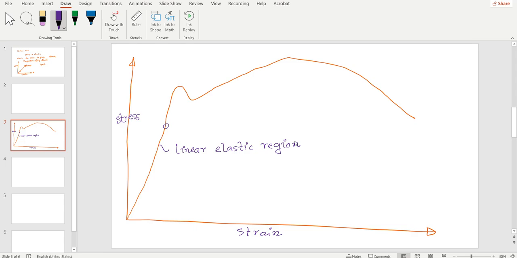Point A is called the limit of proportionality.